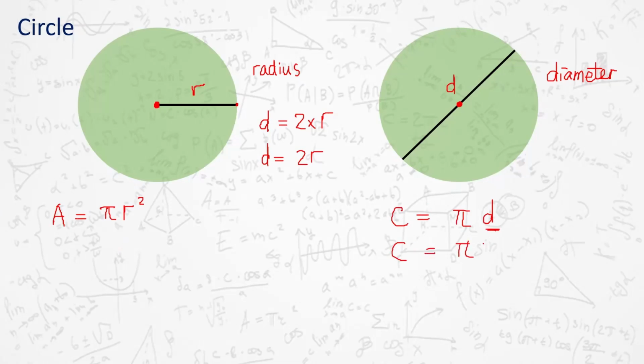Because d is twice my radius, it can also be calculated as c equals 2 pi r. So either of those two formulas would be correct. So I'll repeat, area of the circle equals pi r squared, circumference of the circle equals pi d or 2 pi r. That's all for this video.